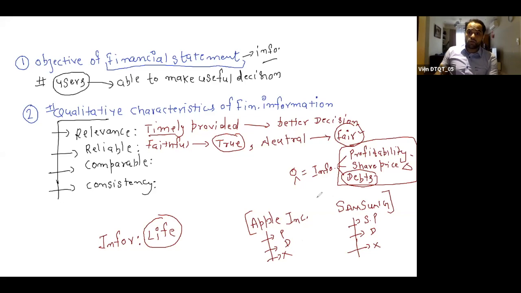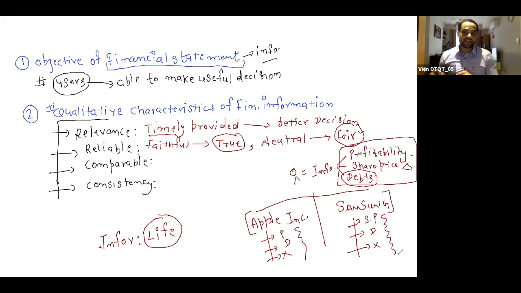Now, the question is, can I compare these two companies' financial situations to help me make my financial decisions towards these companies? Can I? The answer is no. Why? Because the information I have here is not comparable with the information I have here.